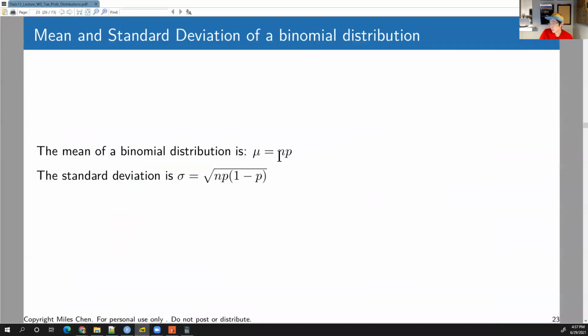We could say the mean is n times p, and I think that makes sense. If you try something n times, you have n trials, and the probability of success on any one of those trials is p, then the overall expected number of successes is going to be n times p. Okay, and the standard deviation is given by this. We won't get into the derivation of this, but this is something that you need to know.